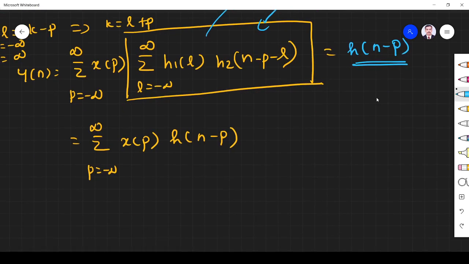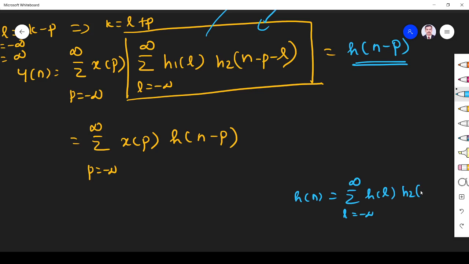So what will be h of n then? H of n I can write as summation l goes from minus infinity to plus infinity, h1 of l, h2 of n minus l, right? So that's why n minus l.